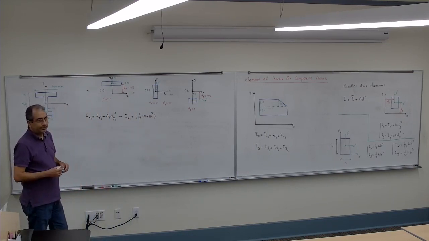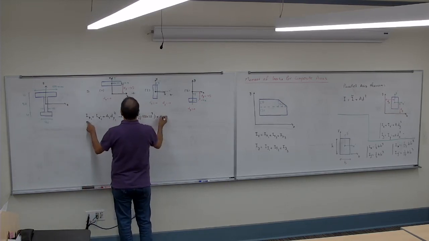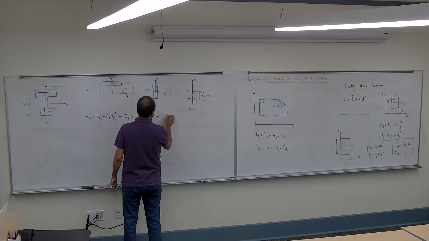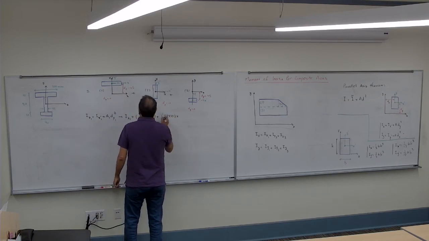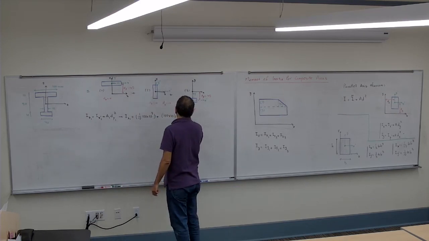Agree? Plus the area, which is gonna be 100 times 10, and the distance between the axes, which is gonna be 45 squared.